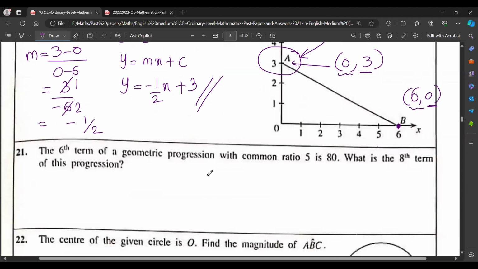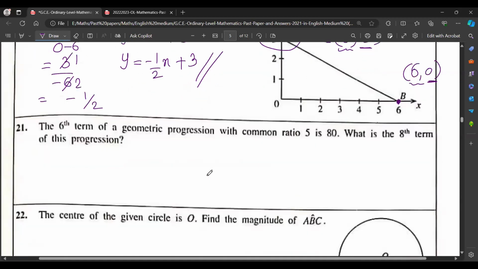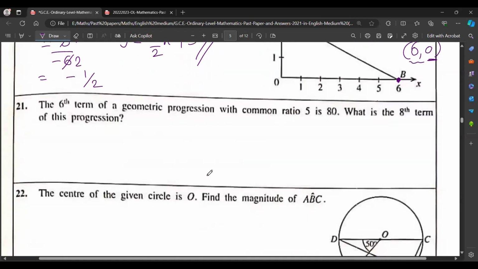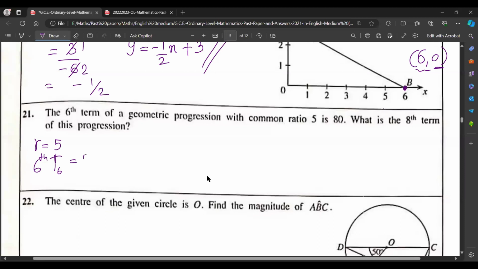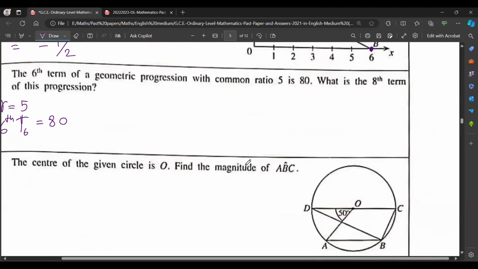Question 21. The sixth term of the geometric sequence with the common ratio r equal to 5. The sixth term, T6, equals 80. They ask for the 8th term.